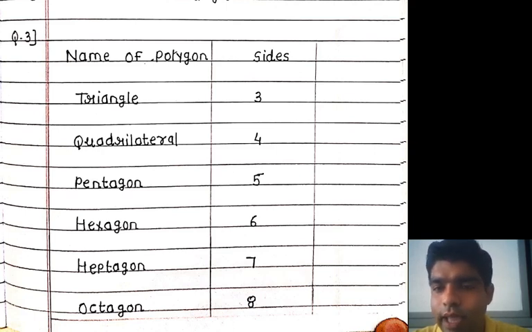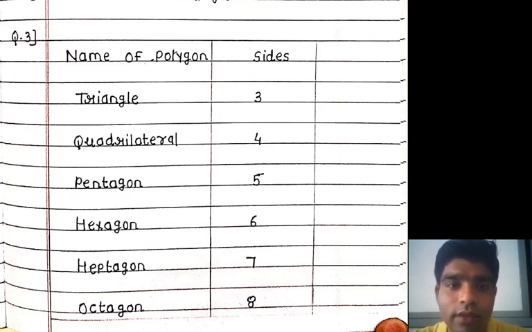It means the polygon named triangle has 3 sides. Second one is quadrilateral, which has 4 sides. Next one is pentagon. The word penta means 5, so a pentagon has 5 sides.